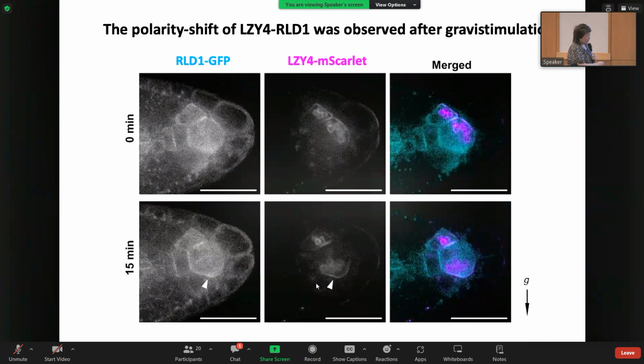We also observed RLD1 behavior with LZY4 upon gravity stimulation. We found that polar localization of RLD1 and LZY4 at the plasma membrane was observed at 15 minutes after gravity stimulation.